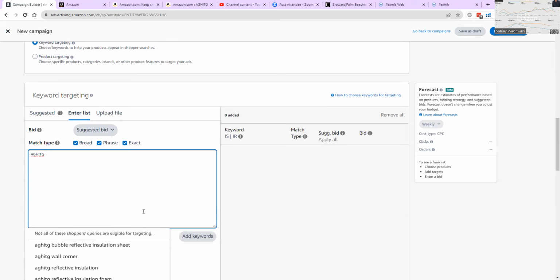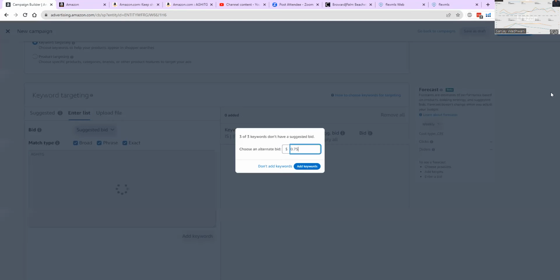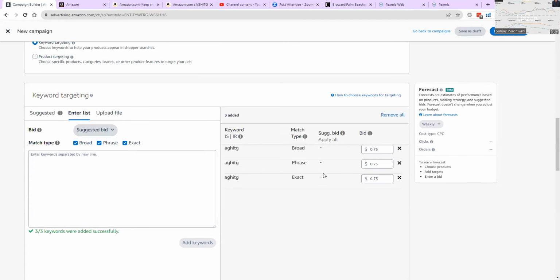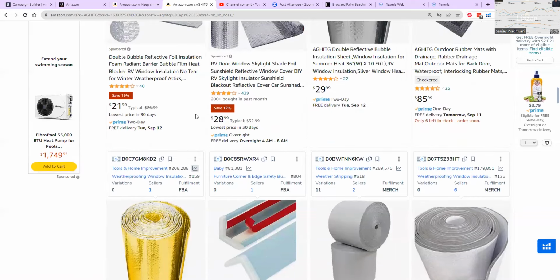Okay, and I'm going to add the keyword. So it's not even worth anything. It's not even showing up. It's not even indexing. Because when there's a price over here, that means the brand name is getting indexed. In this case, they're not getting indexed. Okay, let's look at who else is there.